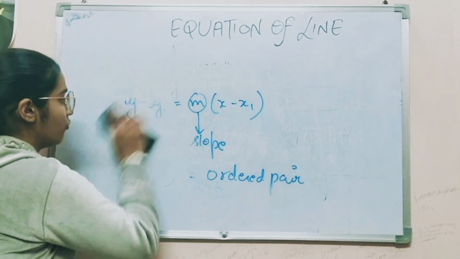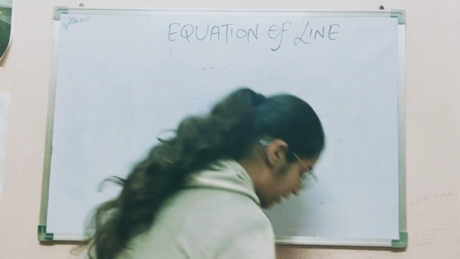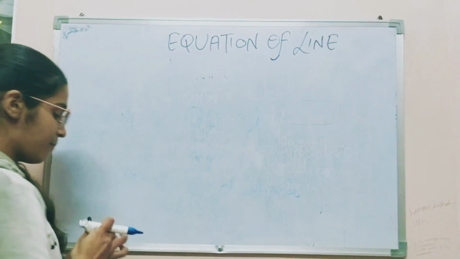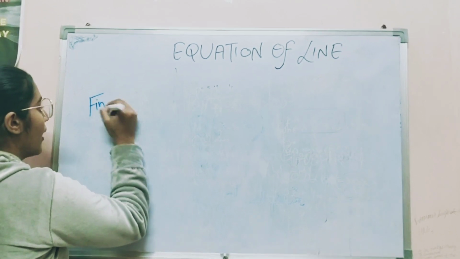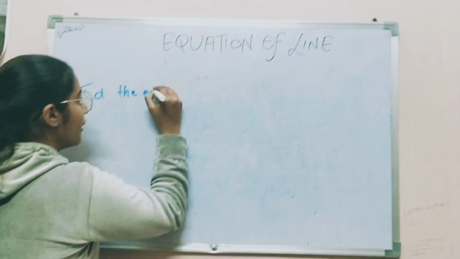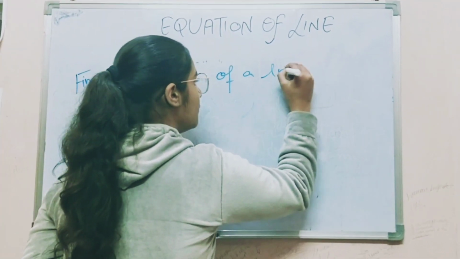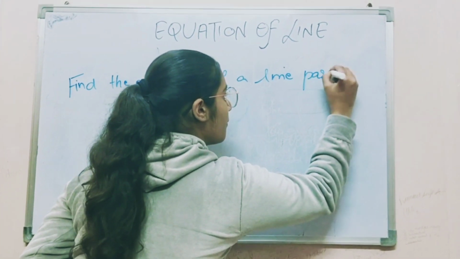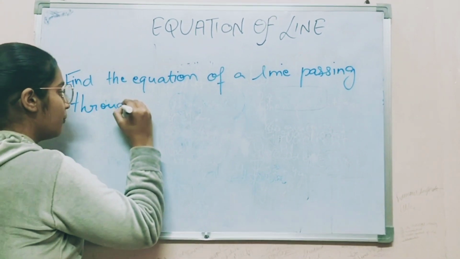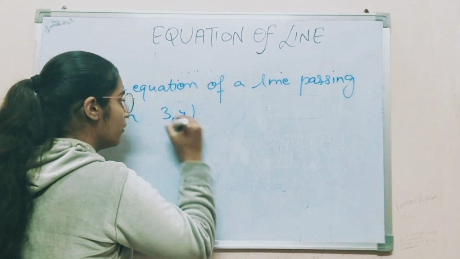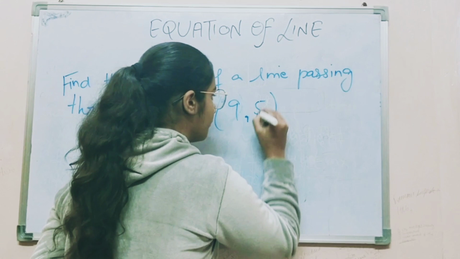So now to find the equation of a line, it's very easy. Let me show you. So let's suppose in the question it is given to us: find the equation of a line passing through (3, 4) and (9, 5).